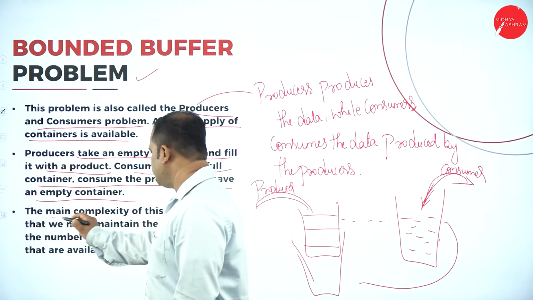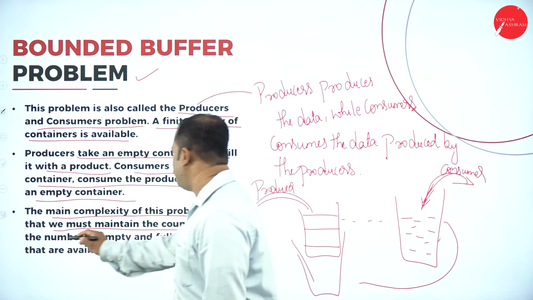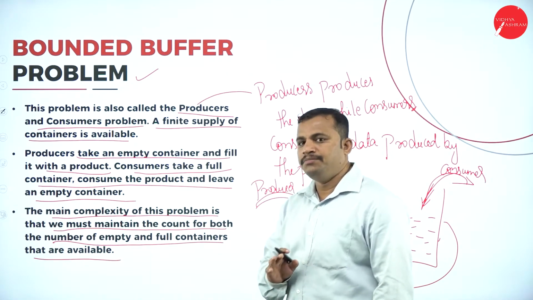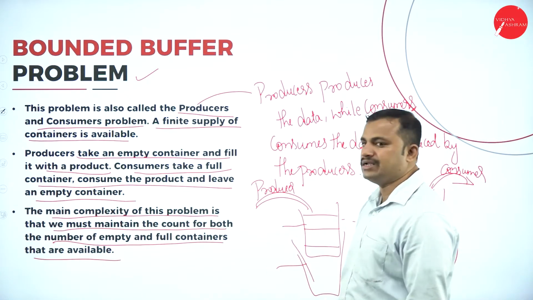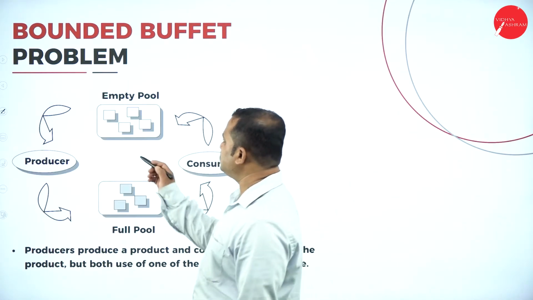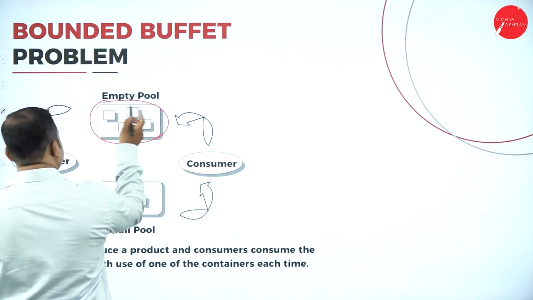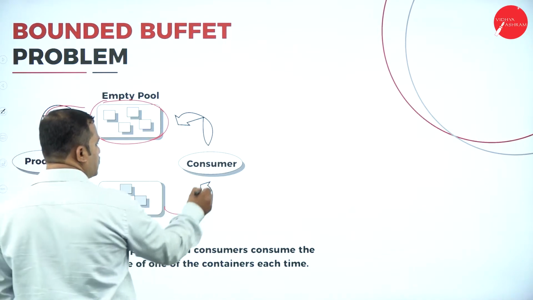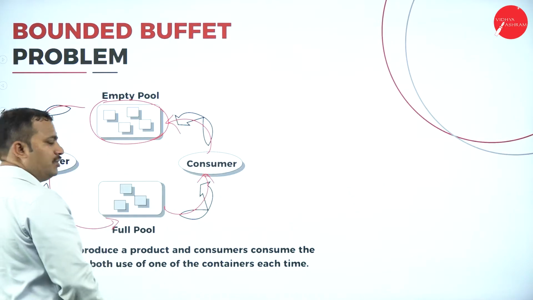The main complexity of this problem is that we must maintain the count of both the number of empty and full containers that are available. The number of empty containers and the number of filled containers must be tracked here. The producer takes an empty container and fills it, and it is consumed by the consumer, who gives an empty container back.